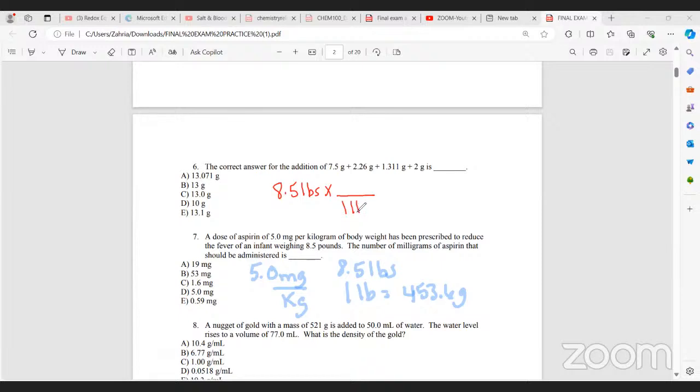So 1 pound equals 453.6 grams. And what we're going to do is cross out those like terms that we don't need anymore. Pounds goes away, and pounds goes away as well.